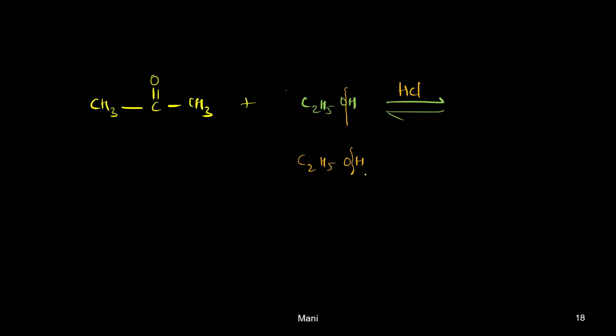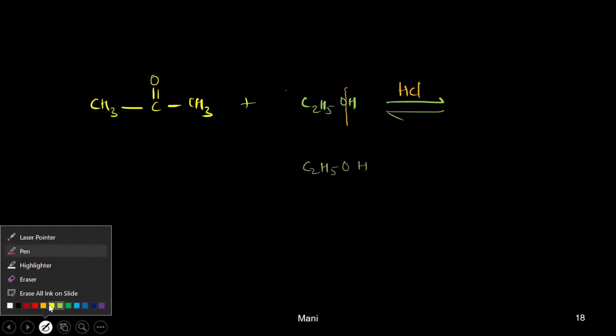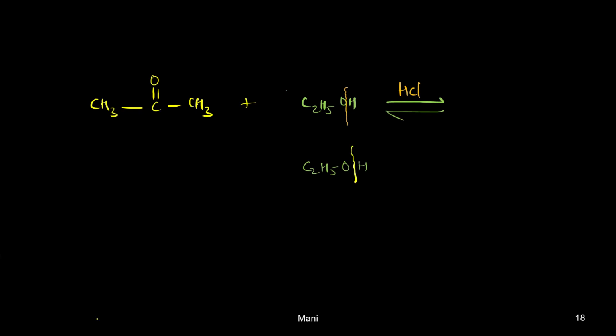We also discussed this in the last class. That will result in the formation of a compound, CH3 twice C, and in place of the double bond O, a single bond will be attached to each group, so it will be attaching to OC2H5 and OC2H5.